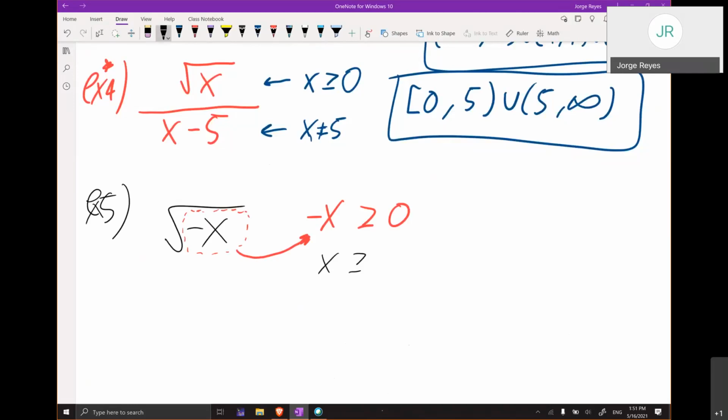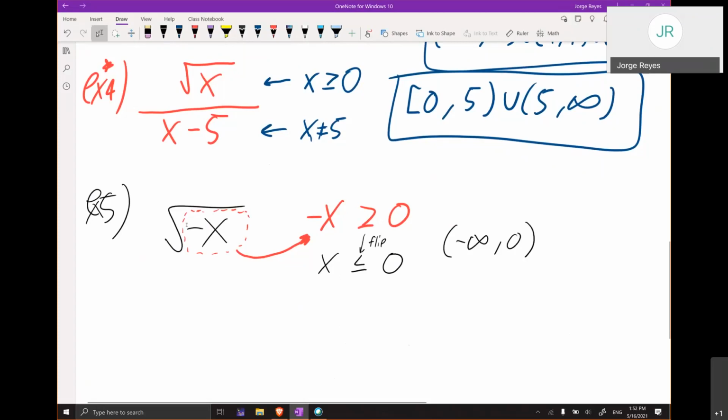You want negative x to be greater than or equal to 0, so I'm going to multiply both sides by negative 1. We're not there yet, but when you multiply both sides by a negative number in an inequality, the sign flips. This is a big deal. Flip. So you want x to be negative, and the domain is negative infinity to 0.